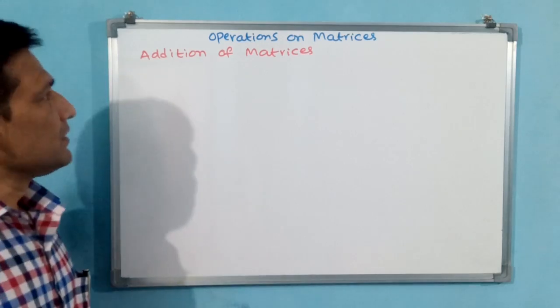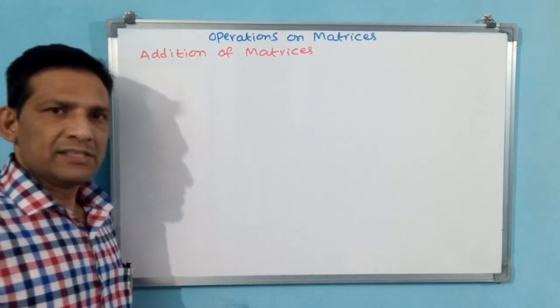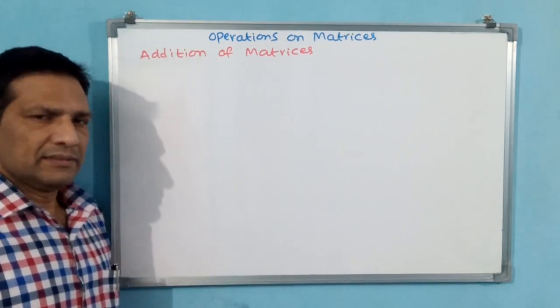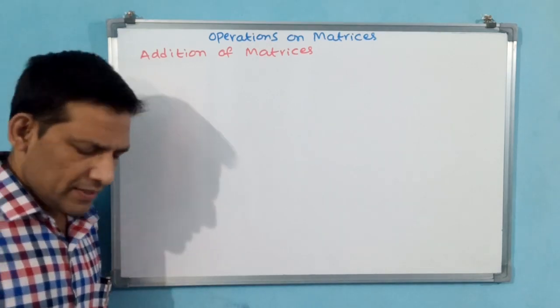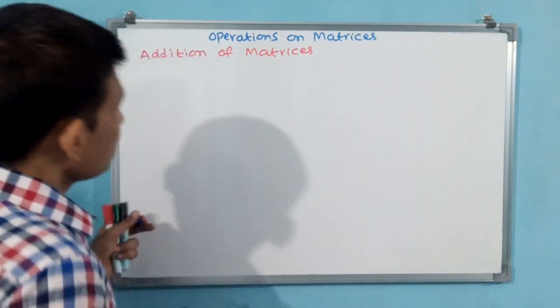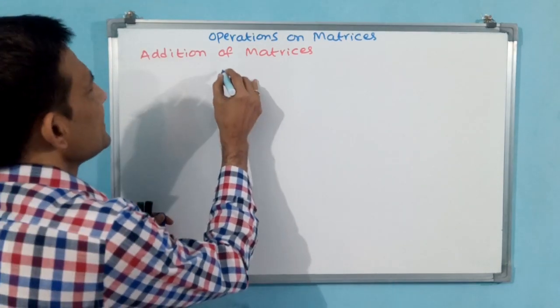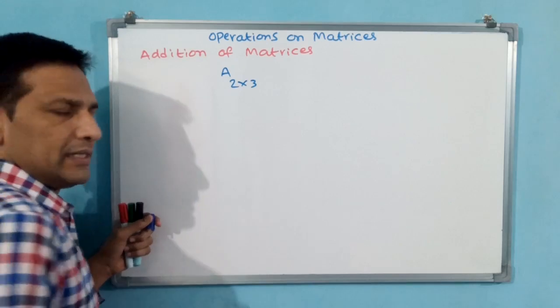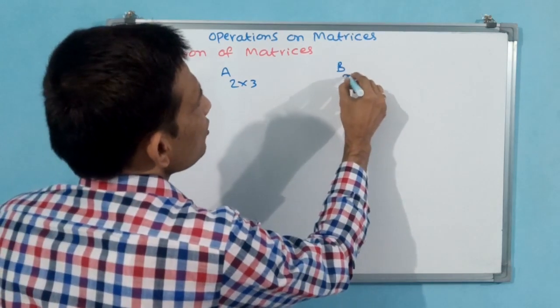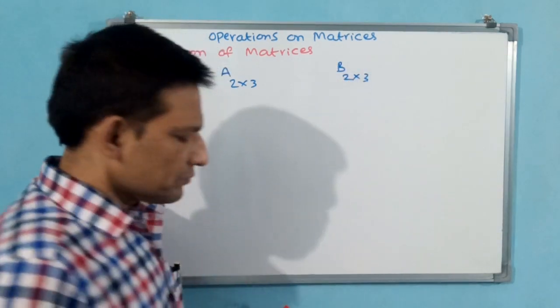Addition. See, while doing addition of matrices, both matrices should be of same order. That means here I am adding two matrices. If A is 2 by 3, then B also should be 2 by 3.